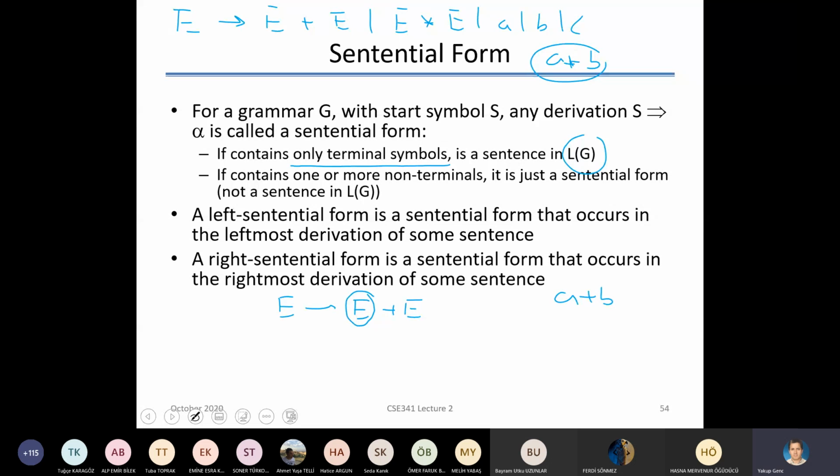In this case, this will be A plus E, and then A plus B, right? So depending on how you do your derivation, it can be either a left sentential form or a right sentential form. And we want to do either of these two things. Why? Because we want to do this one.